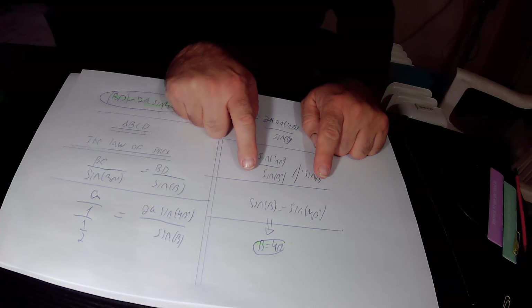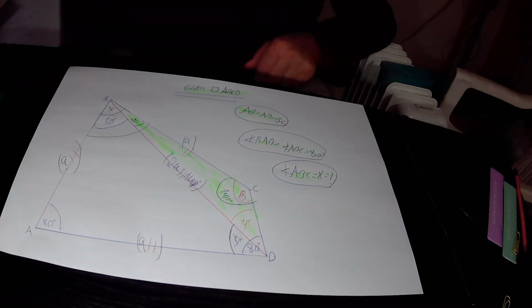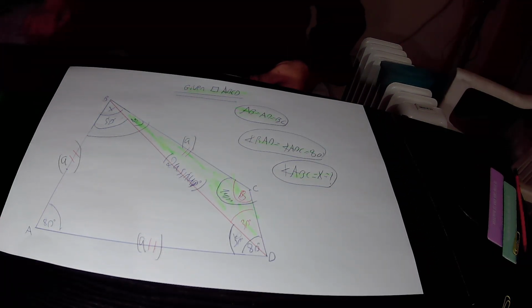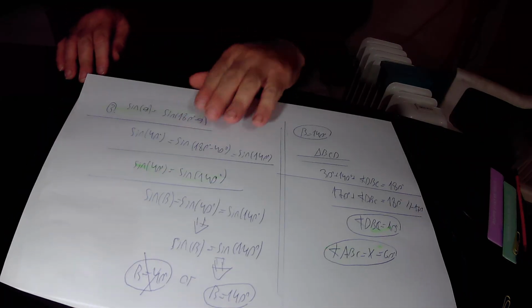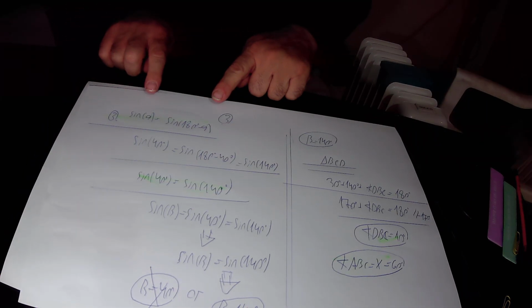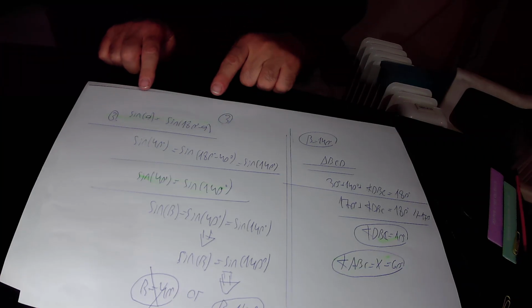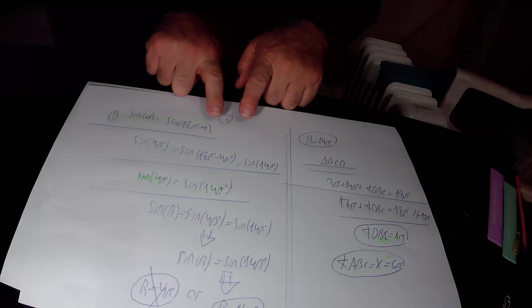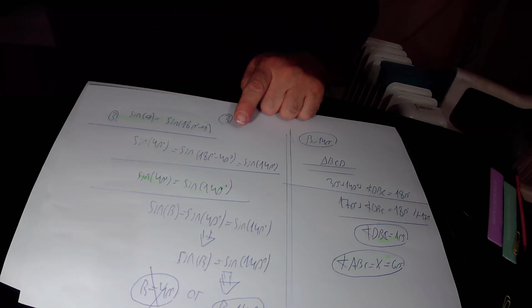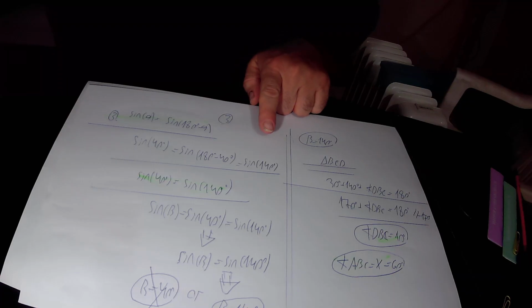But here we have another solution for beta. According to the trigonometric identity, sinus alpha equals sinus 180 degrees minus alpha. Therefore, we will get that sinus 40 degrees equals sinus 180 degrees minus 40 degrees. 180 degrees minus 40 degrees is 140 degrees, so this expression equals sinus 140 degrees.